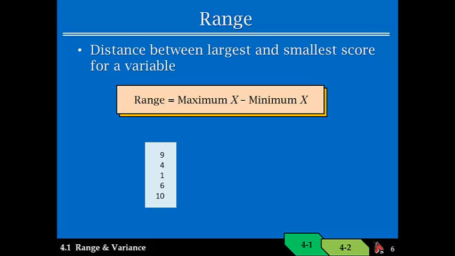And if we wanted to calculate the range for this, we would take the maximum x, which would be the highest score in this data set, and subtract the minimum x from the maximum. In this example, the minimum score would be 1. 10 minus 1 would equal 9. So our range is equal to 9 in this example.